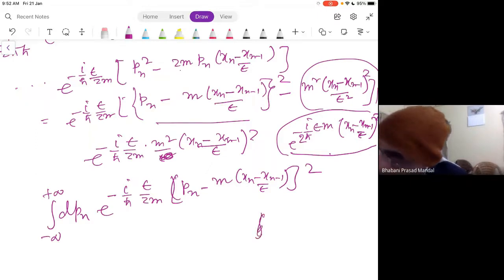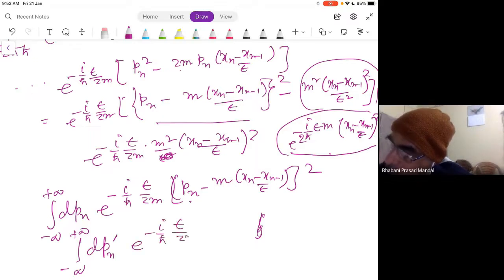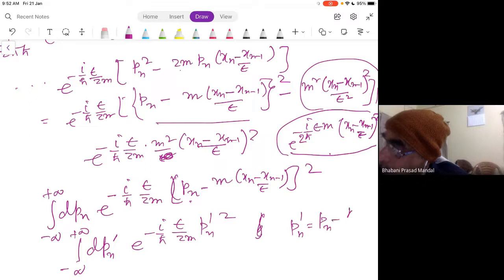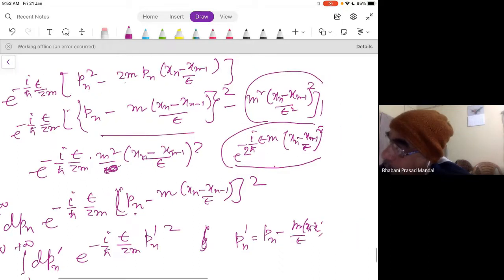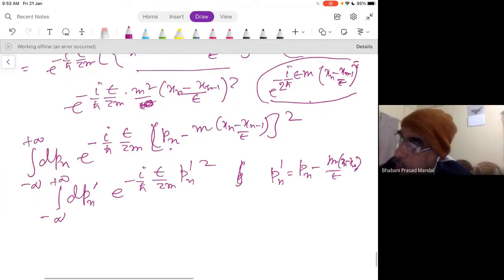This is a constant with respect to p, so I can shift my p and simplify this integration: dPn prime, e to the power minus i h cut epsilon by 2m Pn prime whole square, where Pn prime is Pn minus m xn minus xn minus 1 by epsilon.